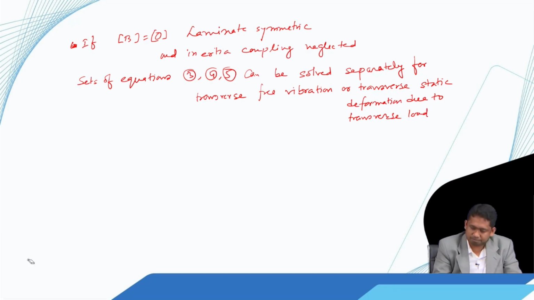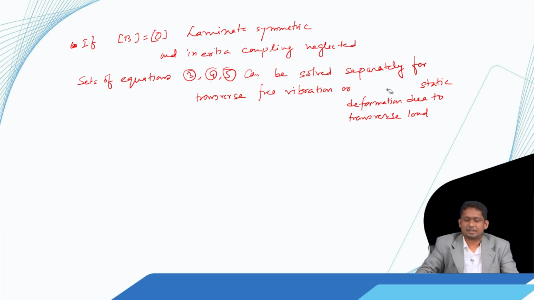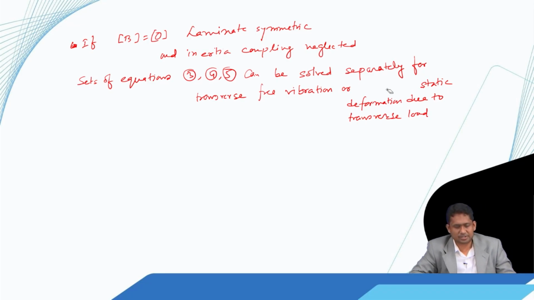Otherwise, if these couplings are present, then we have to solve all the 5 equations. So, this is how the problem is formulated if we have the first order shear deformation incorporated.